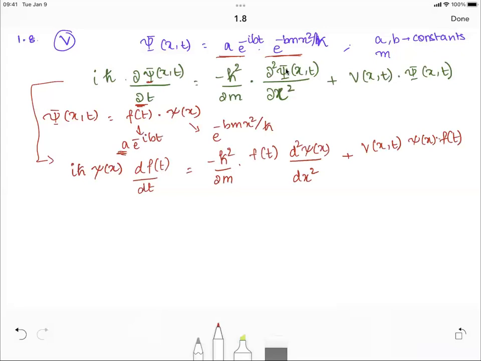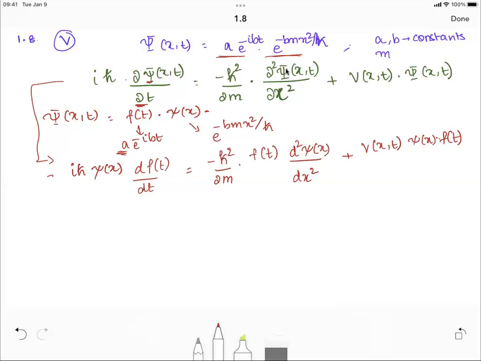So what I did in this equation was write the state function in this form everywhere, and take the constant part out of the derivative. I basically just tried to simplify the equation.